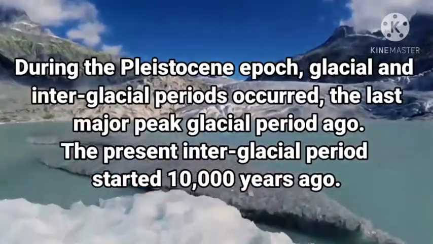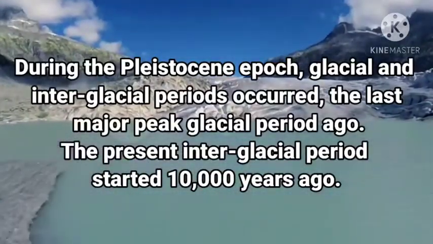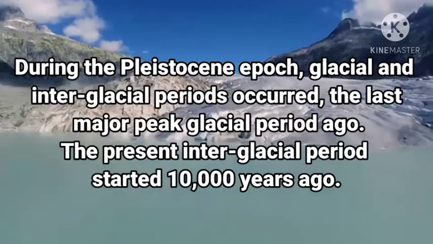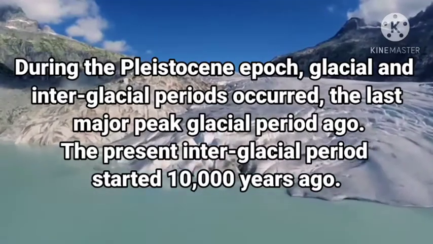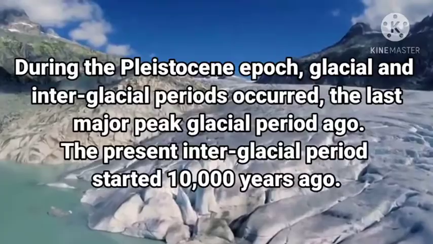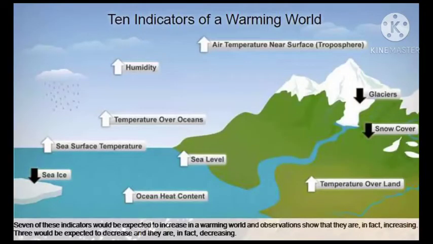The cores are stored at below freezing conditions for analysis. The Vostok drilling in Antarctica, a core of 3,350 meters, represents some 160,000 years. The ice cores provide both direct and indirect evidence of past climate.